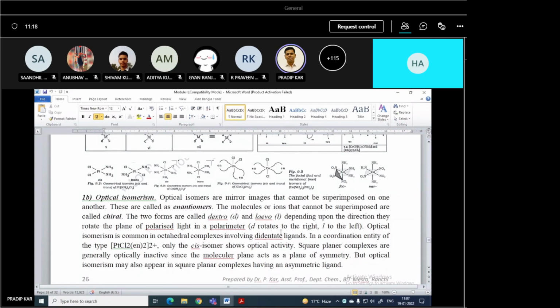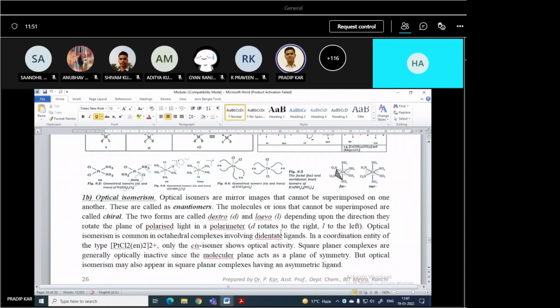When this light goes through the optically active compound, it rotates the light in a particular direction, meaning the plane is changed. From this we can measure whether it is an optical isomer or not.